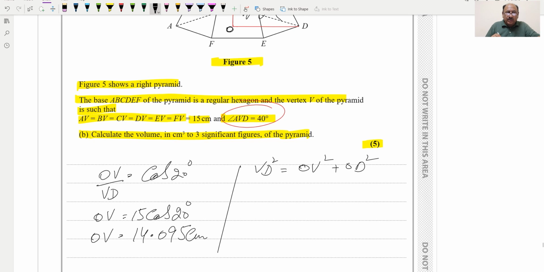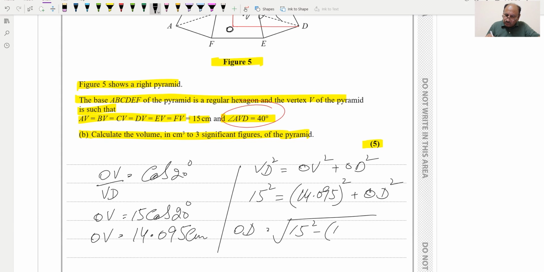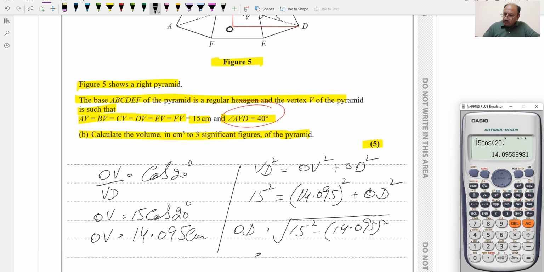VD we already have, which is 15. So 15 squared is equal to 14.095 squared plus OD squared. So OD will be equal to the square root of 15 squared minus 14.095 squared.